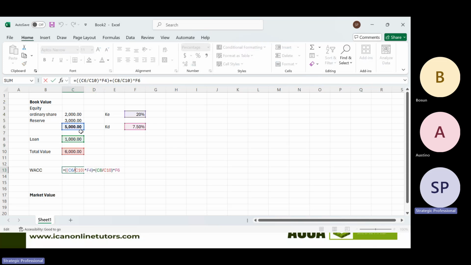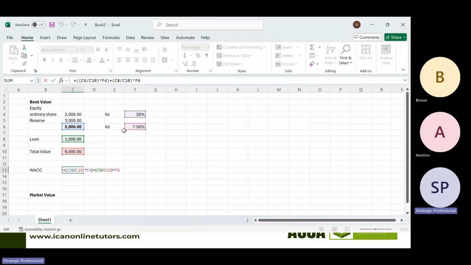Just see my Excel, which is 66, which is your market value of equity, divided by the total value, multiplied by your cost of equity, plus your market value of debt, which is this one, divided by the total value, multiplied by your cost of debt.